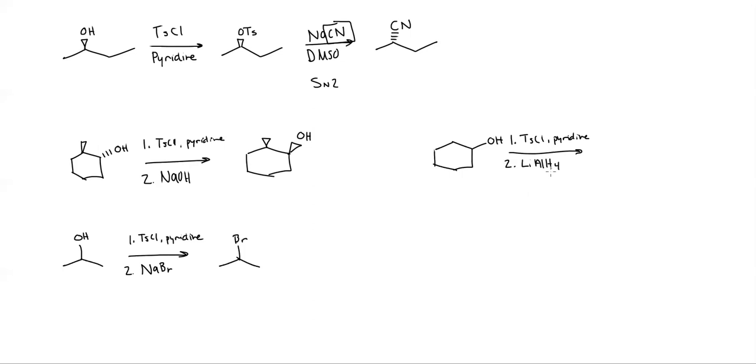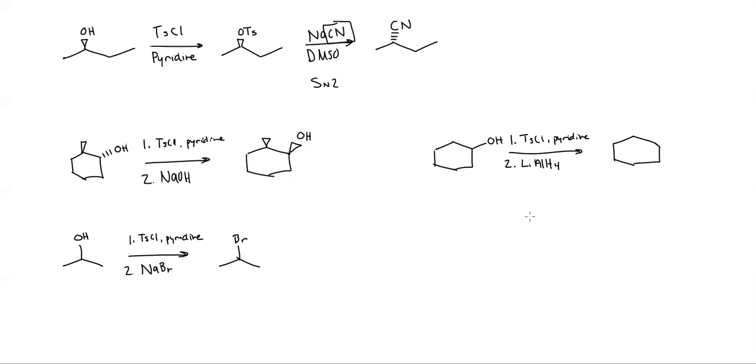What this is going to do is one of these H- ions is going to come in and act as a nucleophile and get rid of this OH. So what happens if we replace OH with H? We just get an alkane, right? So with this TsCl, if I replace it with OH and then use H- ions from lithium aluminum hydride, I can just make an alkane straight from an alcohol. Okay, so I've made alkyl halides, I flipped the stereochemistry, and I've made an alkane.